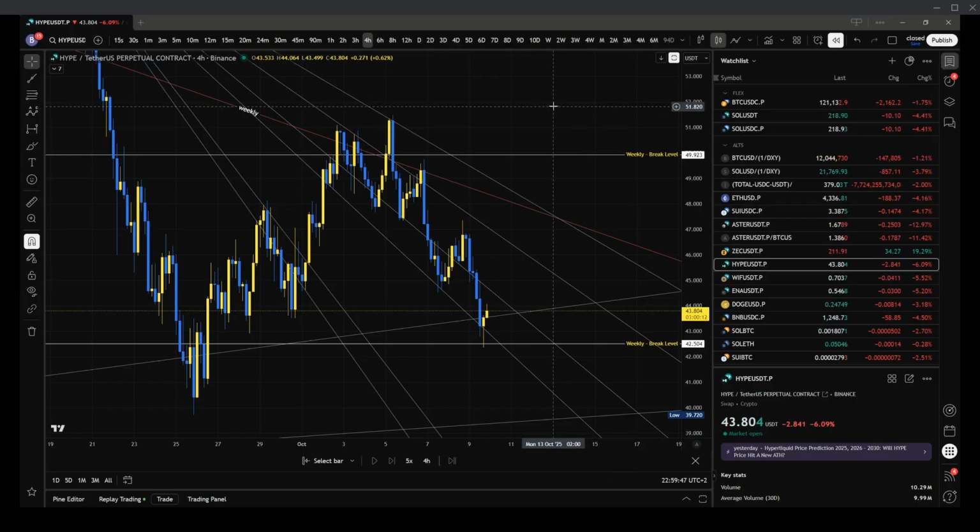If we don't even touch that trend at all, the likelihood diminishes significantly if we can't break a first break level and get back up even to touch that downtrend.